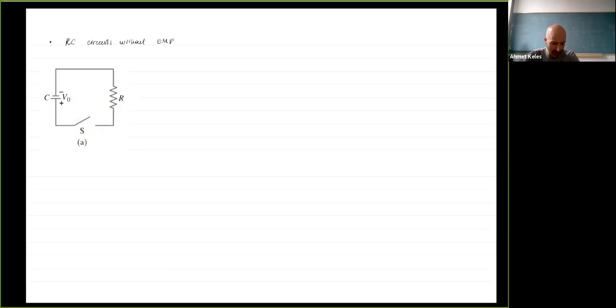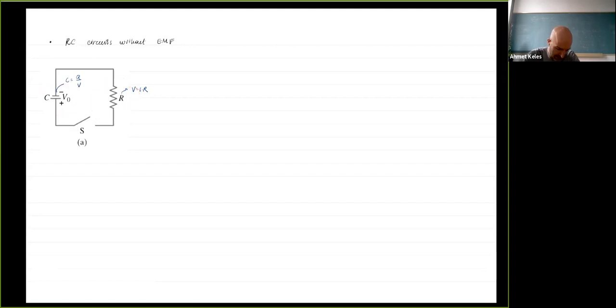Now there's no EMF. This is the so-called RC circuit without EMF, and we can actually deal with this circuit the same way. And for this, I remind you, this C was defined by Q over V, and this R was defined by V equal to I times R. So here, the idea is whatever the potential difference you have here, it should be equal to here, right?